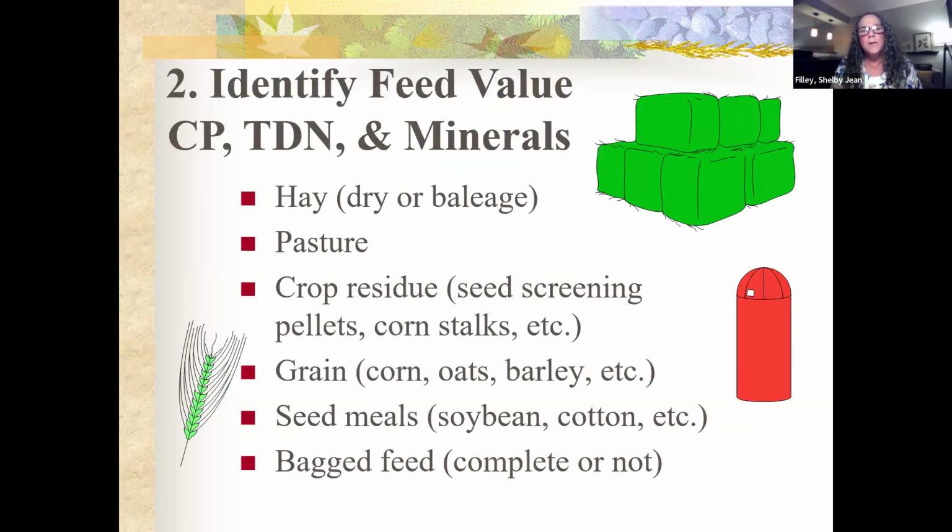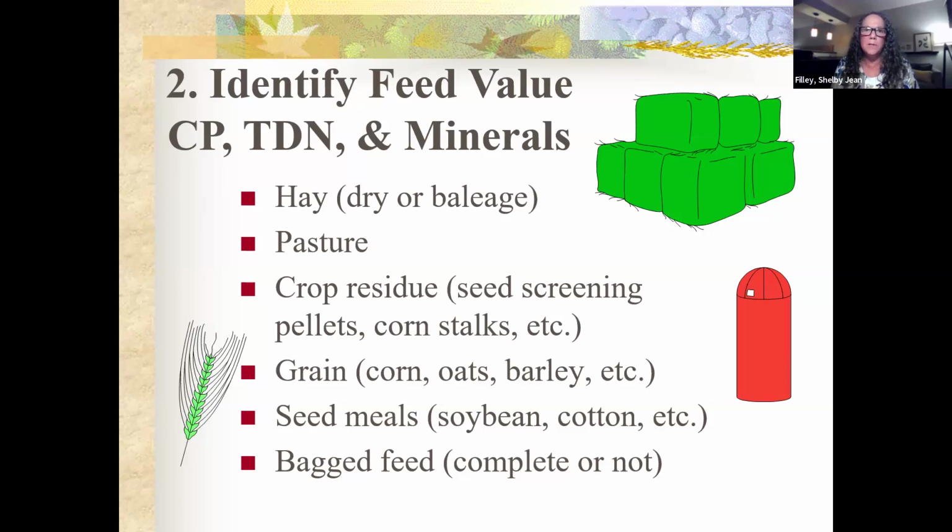All right. So once we get the animal nutrient requirements taken care of, you need to identify the feed values. I guess what I should have said back in the start is that scientists have already determined exactly how much protein and energy these animals need at the different times that I described.